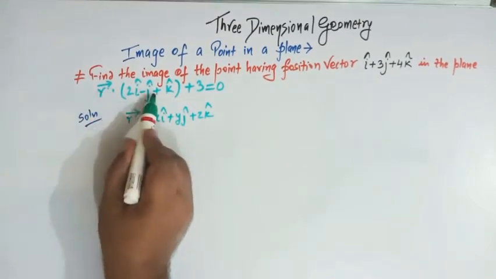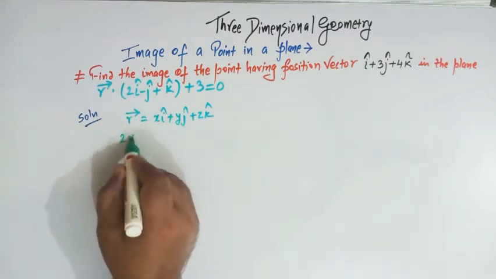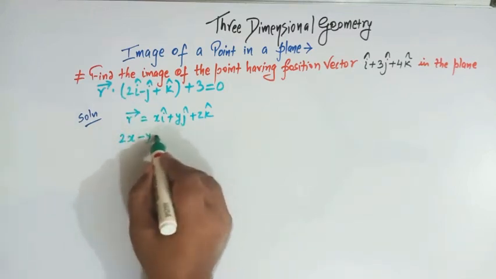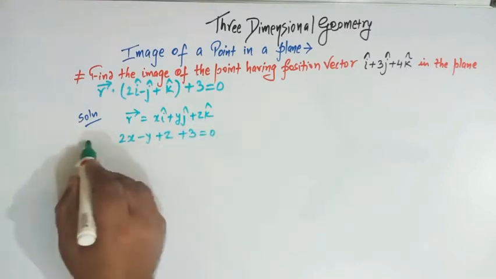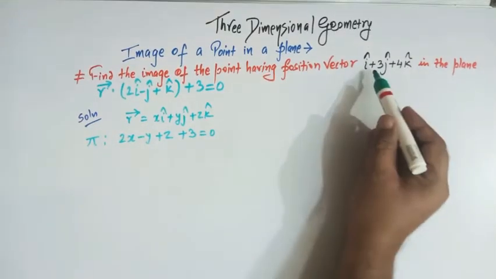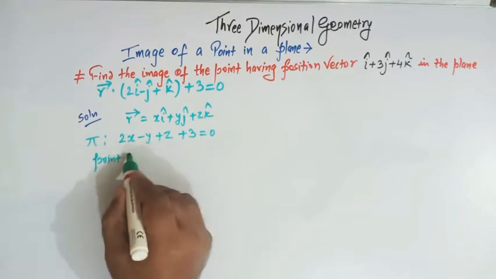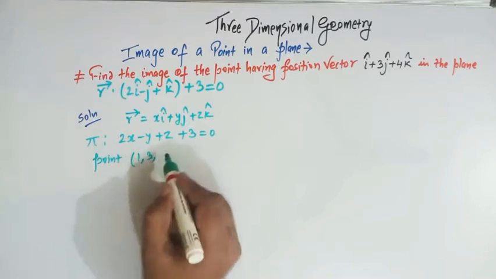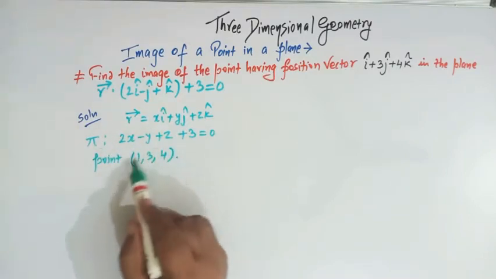So if we take the dot product of this vector and this vector, we get 2x minus y plus z plus 3 is equal to 0. So this is the equation of the plane pi, and the point is given as 1, 3, 4, and we have to find the image of this point.